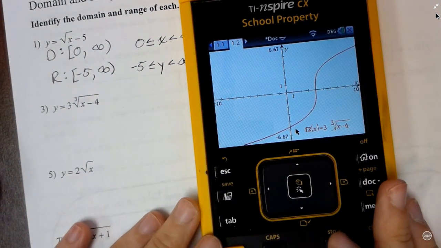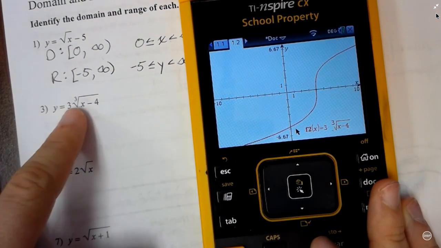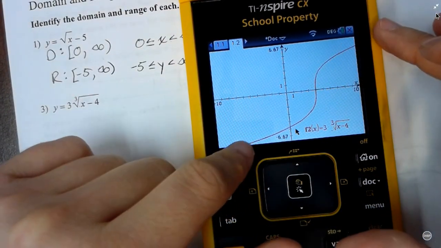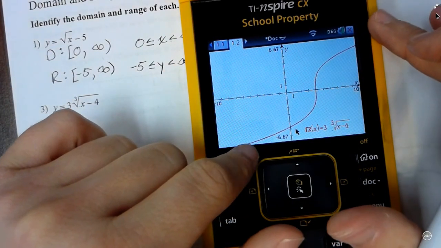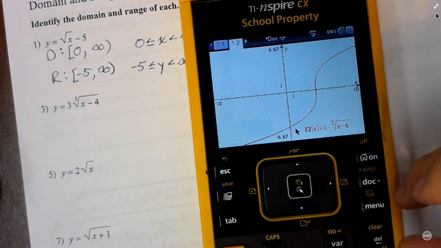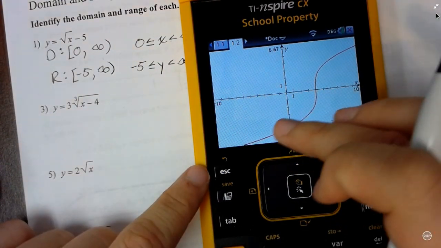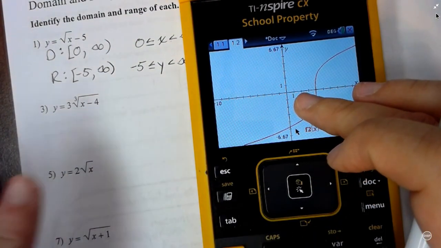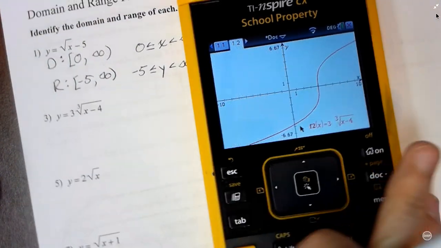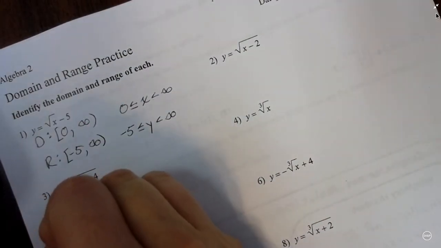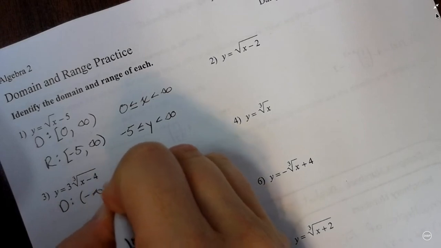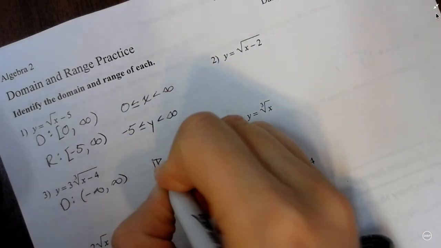And there's our function. Now cube root functions, as you know from your parent function foldable, keep going forever in the positive direction and the negative direction. So if we're looking at our domain, it's really going to keep going out here forever. So negative infinity to positive infinity, or we can say all real numbers.